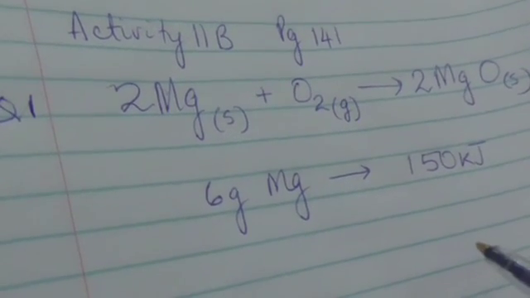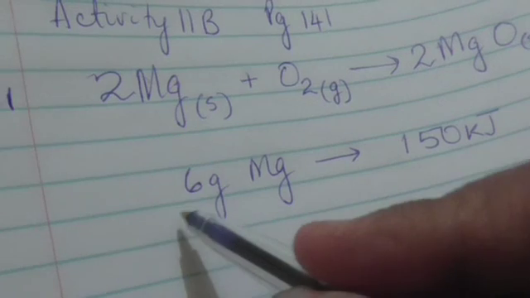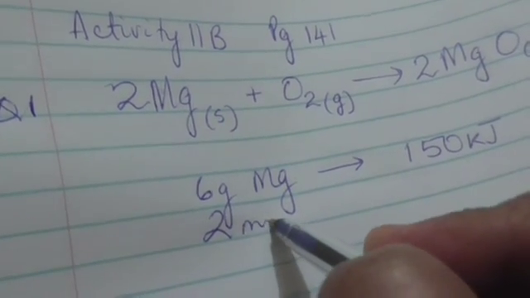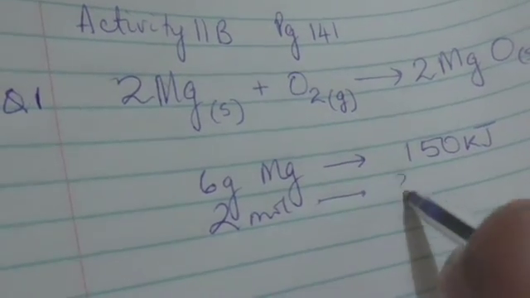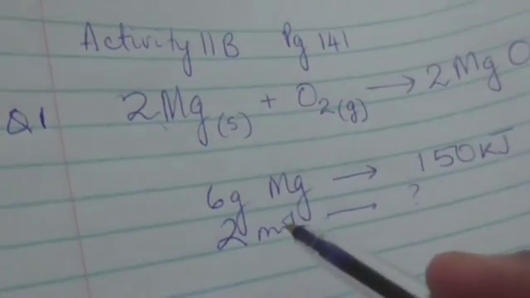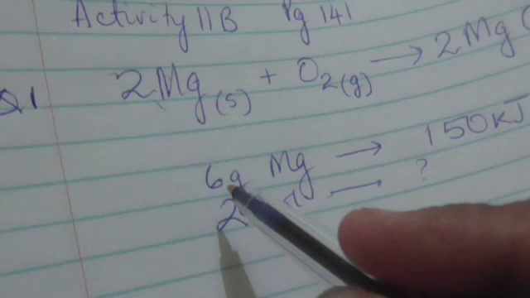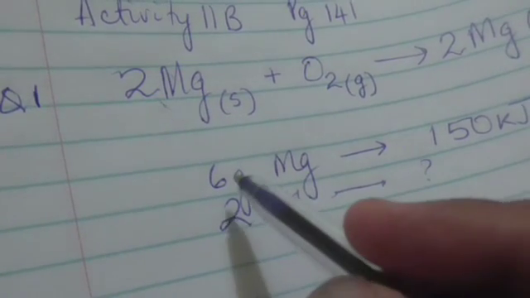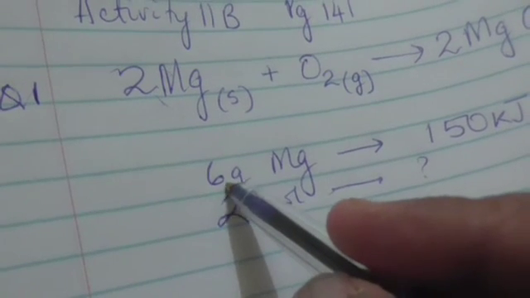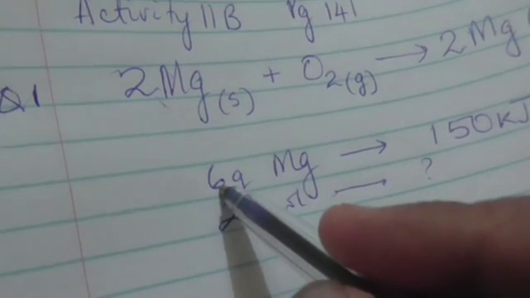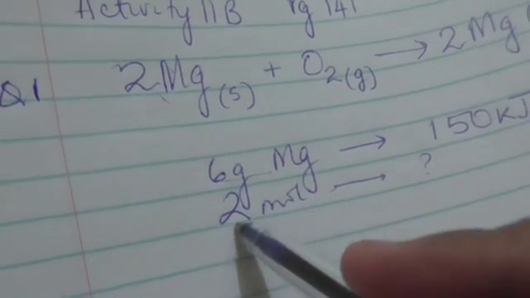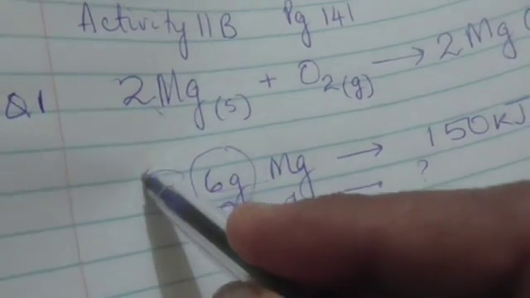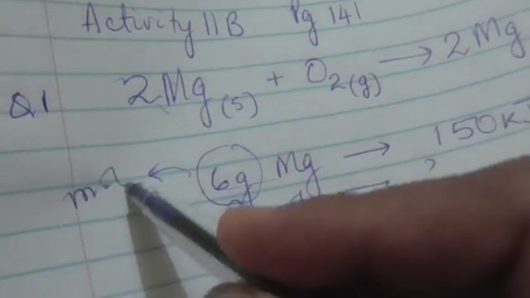So now they want you to find out how much energy will be released if you have 2 moles, which is what we have here. So how do we find this? You can't use this straight away because one of your values is in grams and the other is in moles. So you need to take the 6 grams and convert it to moles.